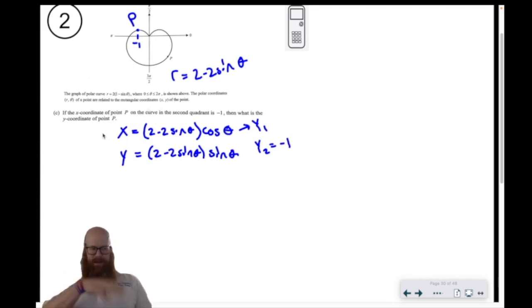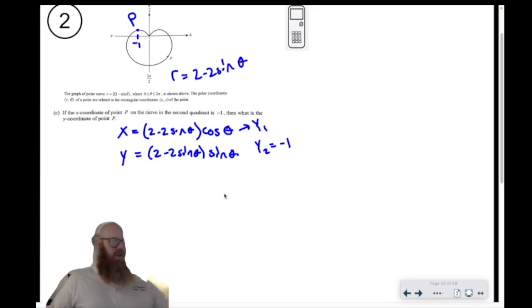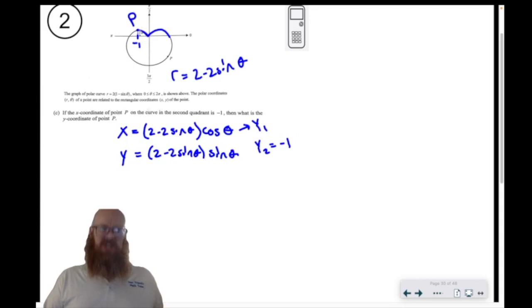You will get an intersection, and you're looking for the first intersection. If we think about how we trace this out, it starts here, and then it goes here. So this is the first time it'll be equal to -1, and you will get theta equals 2.683.